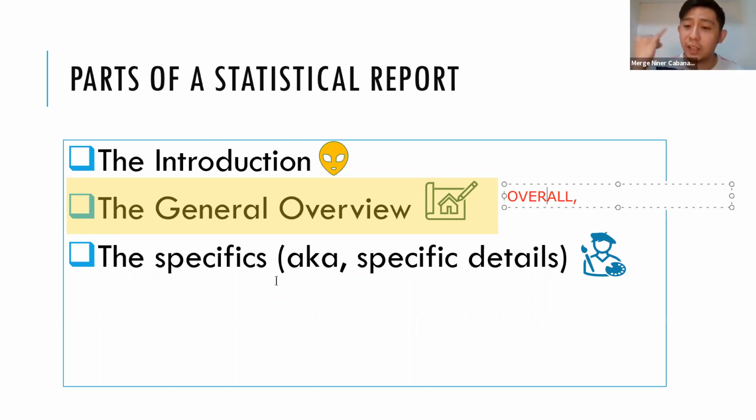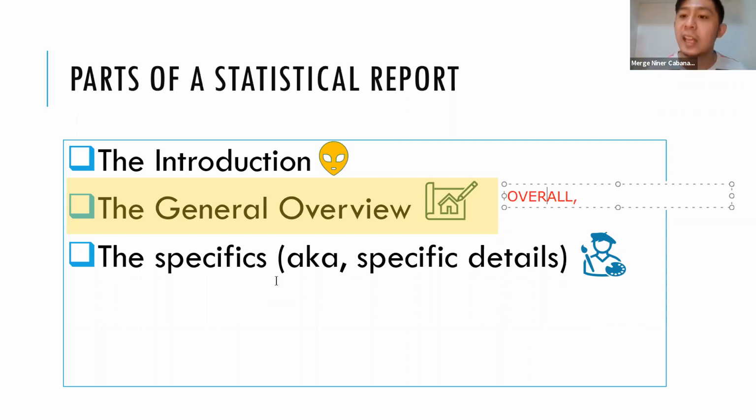All right, so we have the introduction, we have the general overview, then we have the specifics, also known as your specific details. Sir, I am seeing 3 parts. Does it mean that the number of paragraphs will also be 3? No, that's when you are wrong, because your specific detail cannot be 1 paragraph.